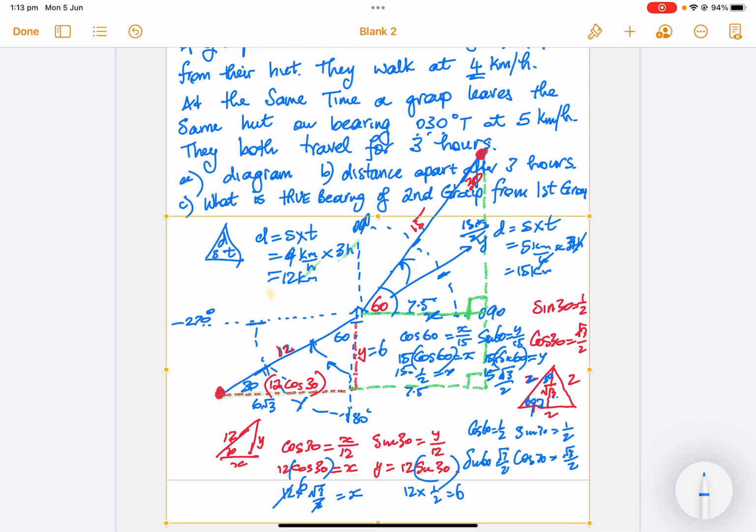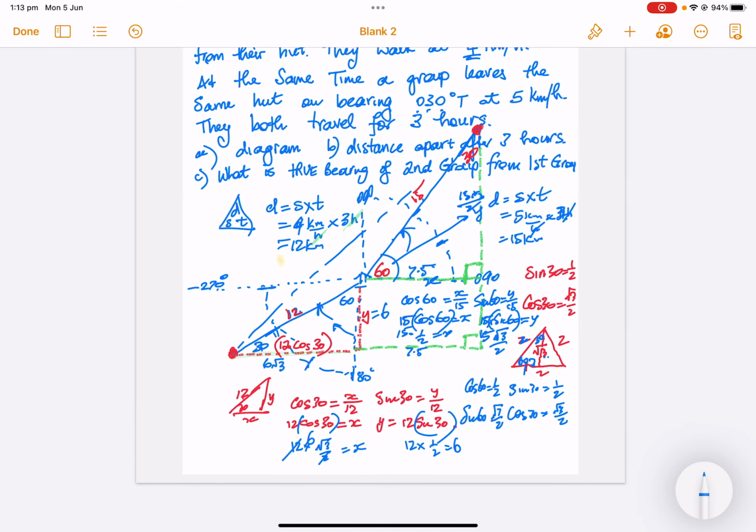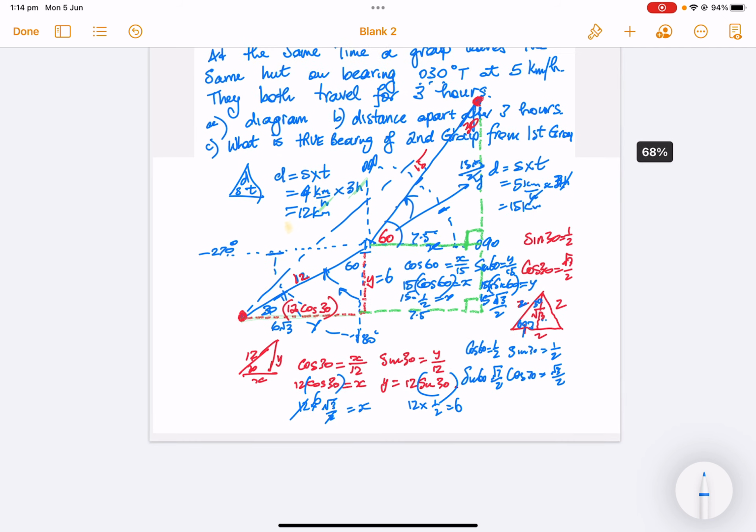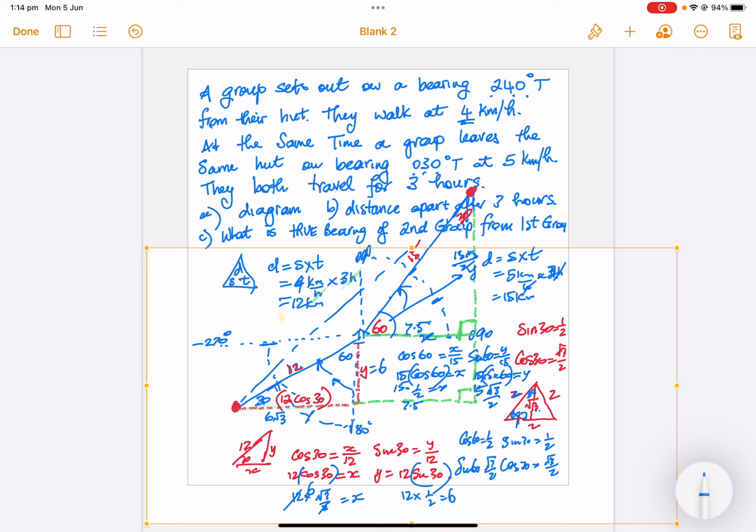Now, we've got one big triangle, and I want the hypotenuse. Can I scroll that up? Will it go down any further? Or is that as far as we can go? That's as far as it can go.